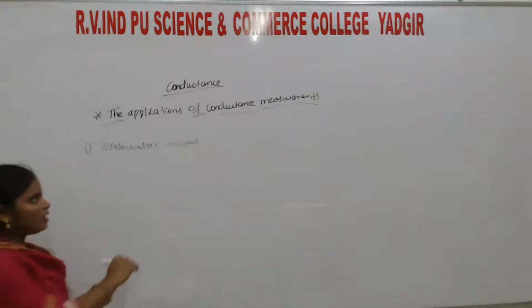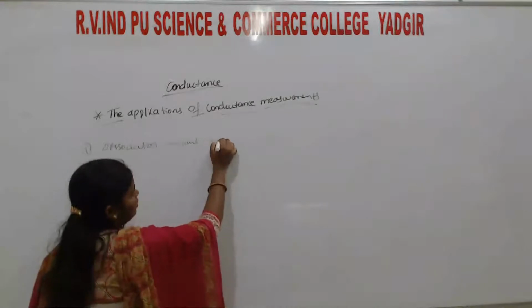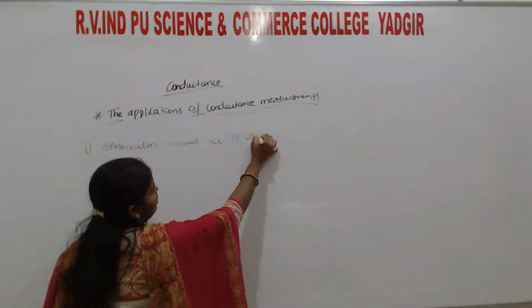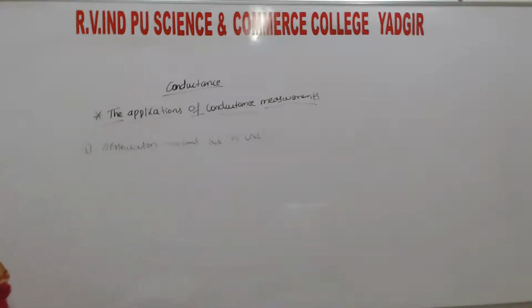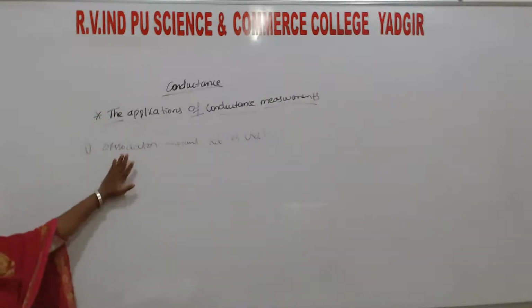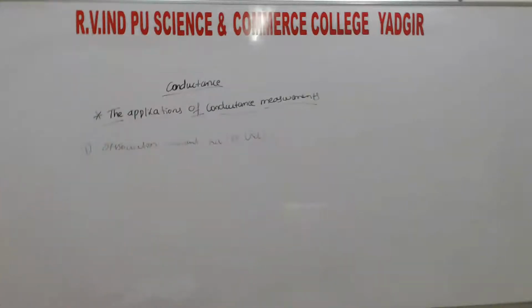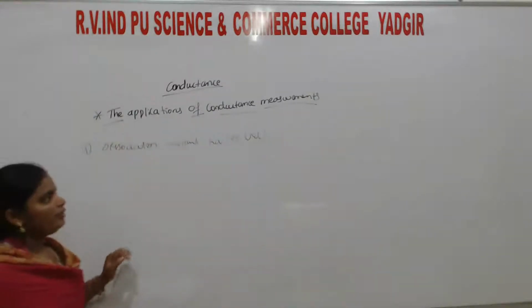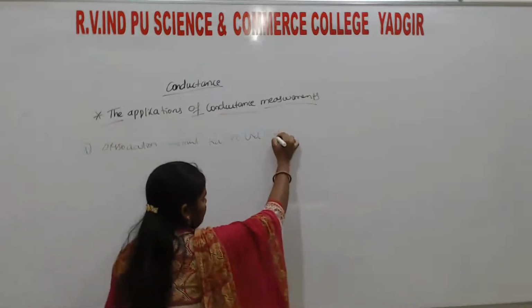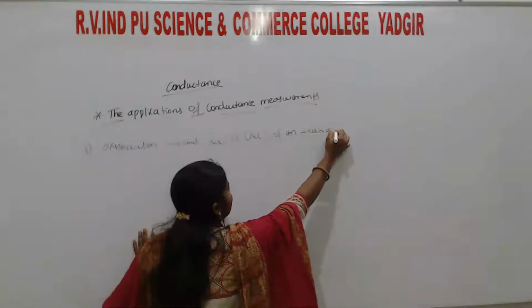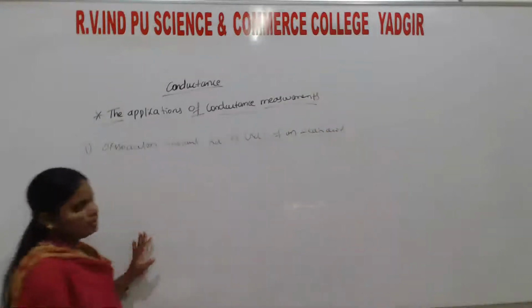It is denoted as K or KD. The determination of dissociation constant of a weak acid, or you can write weak electrolyte here.